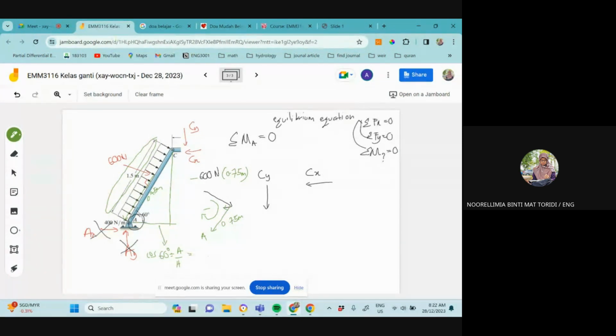Adjacent we don't know, call it A. Hypotenuse is 0.75.